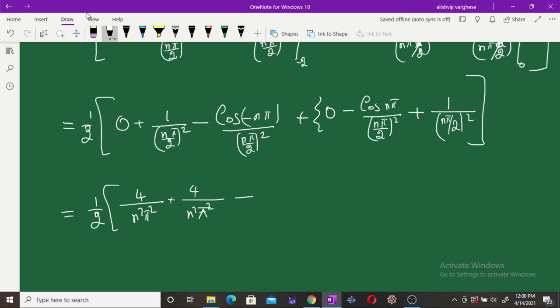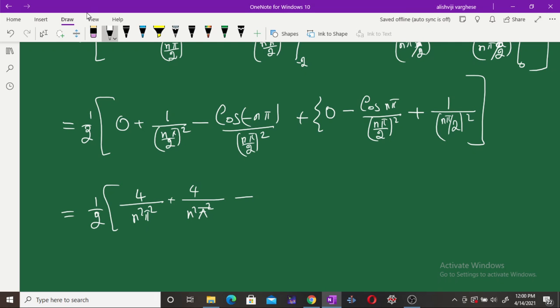Then here cos of minus x is equal to cos x, so cos of minus n pi is cos of n pi.